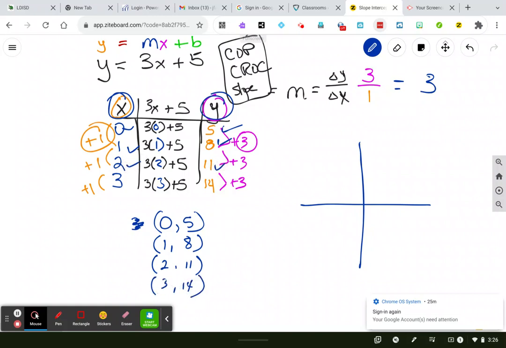And if I were to graph those, I'd start at 0 and I'd go up to 5. I go over to 1 and go to 8, 2, 11, and so on and so on.